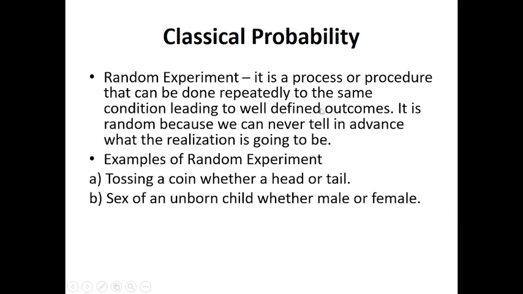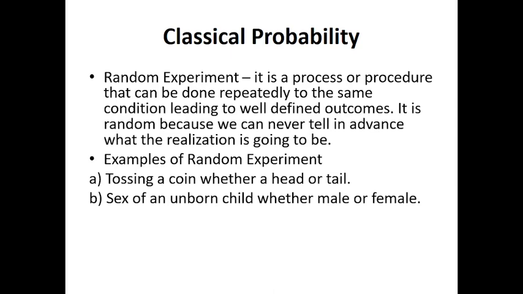So yun ang procedure or process natin, and meron siyang two possible outcomes. Random siya, dahil hindi naman talaga natin alam kung lalaki ba o babae yung child. May probability na lalaki at saka babae yung unborn child. Later on, i-compute natin yun kung paano.